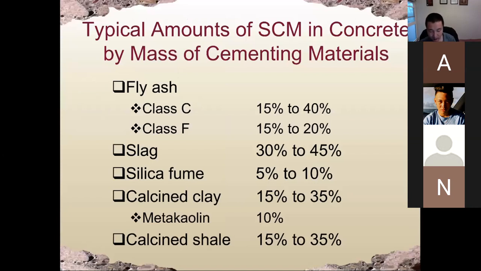For the typical amount of SCM in concrete, this is by mass of cementitious materials. So for class C fly ash, here says up to 40%. For class F fly ash, we can use around 20%. This is kind of an old number.